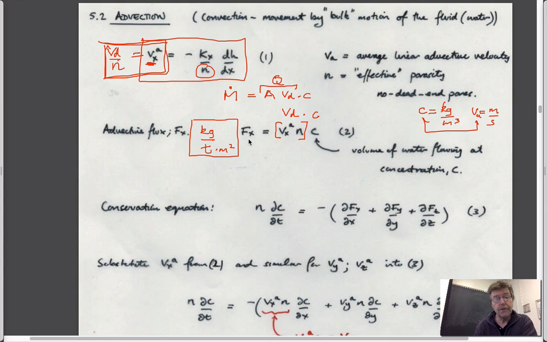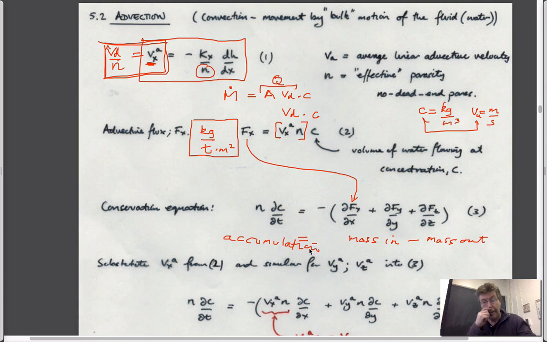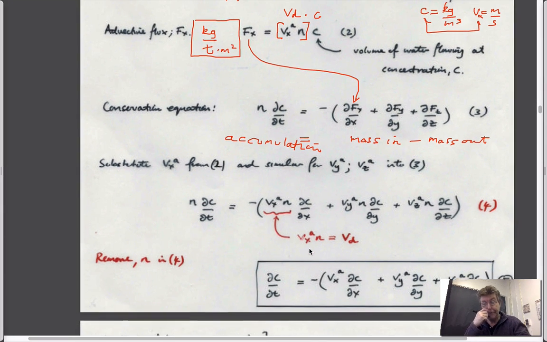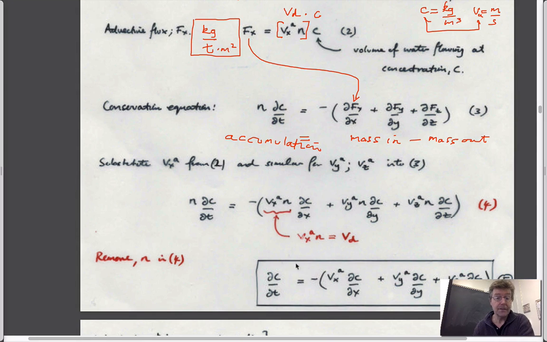But anyway, if we know what this flux is, we put it in exactly the same conservation equation: mass in minus mass out equals accumulation, exactly as before. And do some substitutions, and we end up with this final expression here.